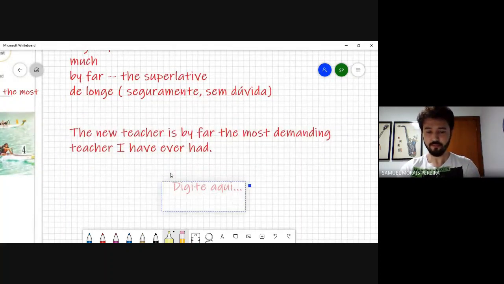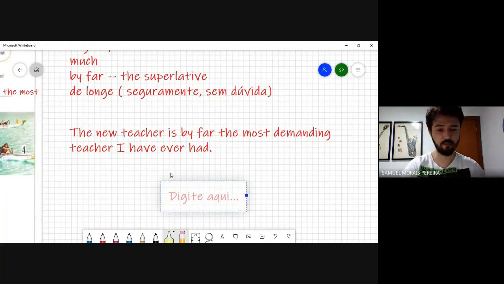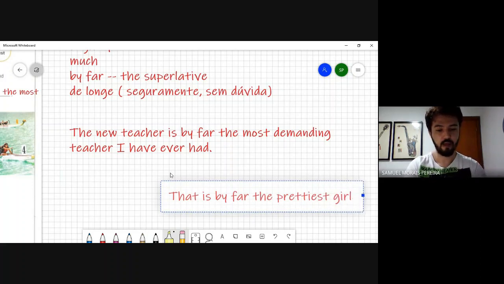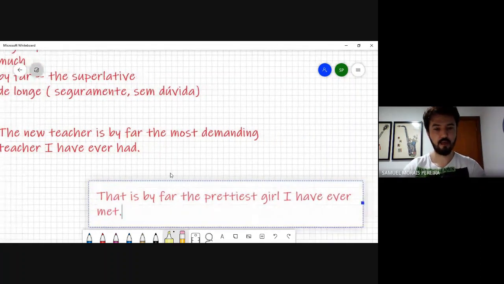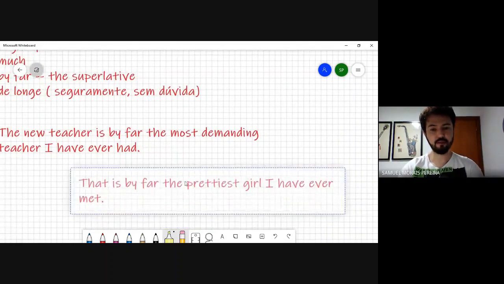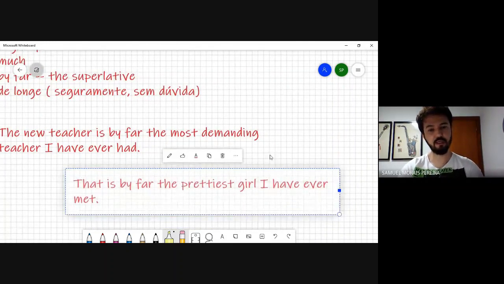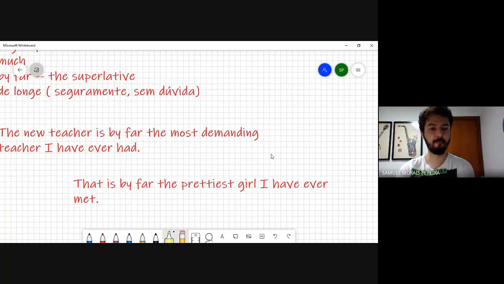And you can think of lots of examples with this. So you can say, for example, that is by far the prettiest girl I have ever met. O que está dizendo essa frase? Any volunteer to translate the sentence?